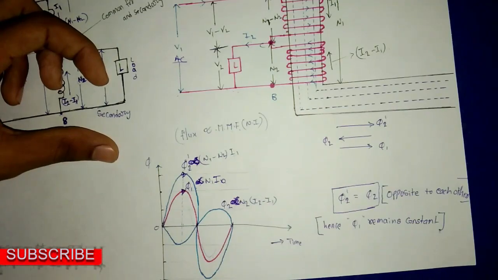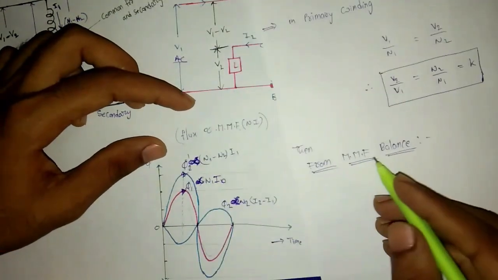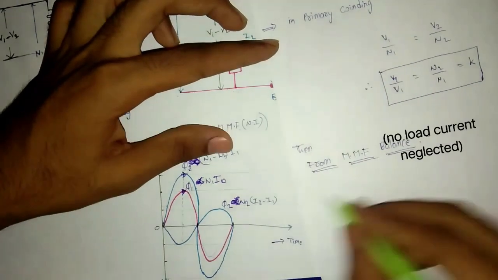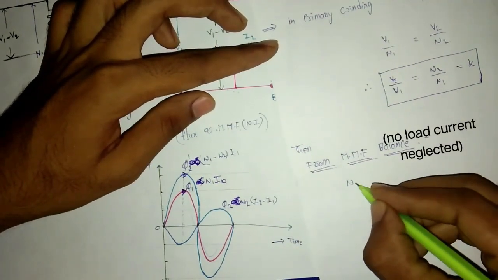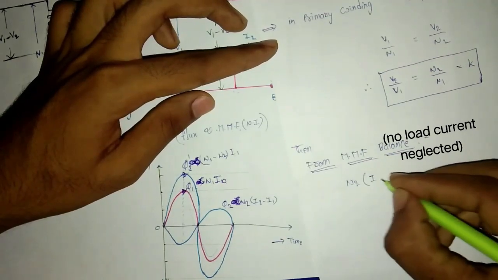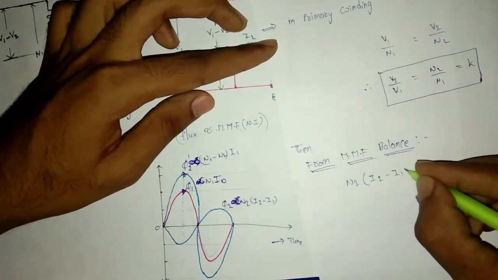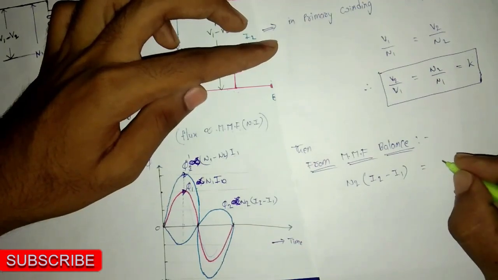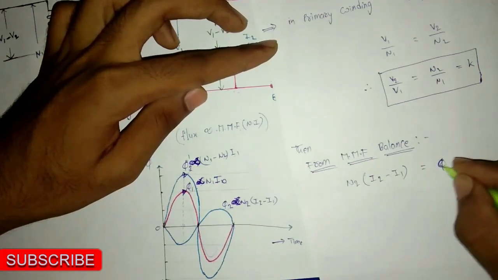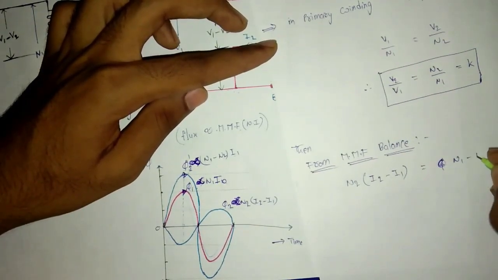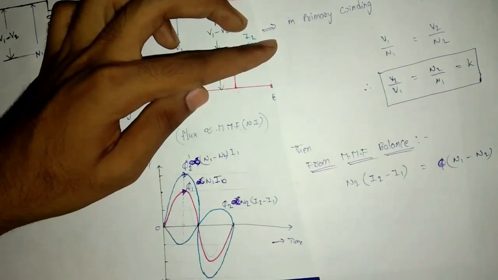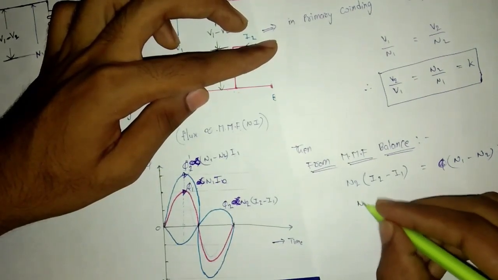Now equate both MMF. Then N2 into I2 minus I1 is equal to N1 minus N2 into I1. Now solve.